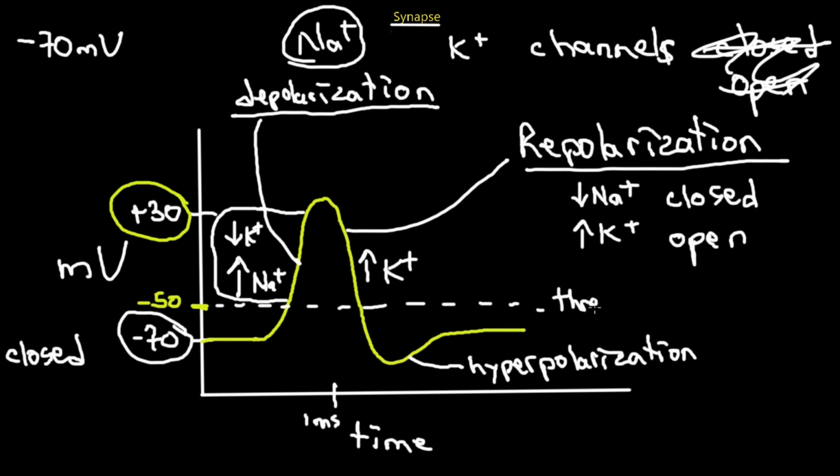So this is the threshold potential, and once it's passed, the sodium will leak in more and more, and more positive charge will be inside of the axon. And this depolarization occurs why?